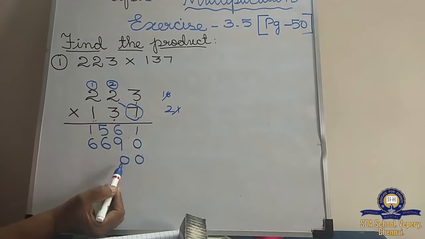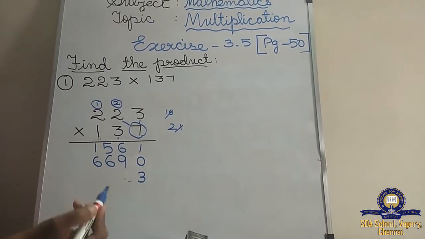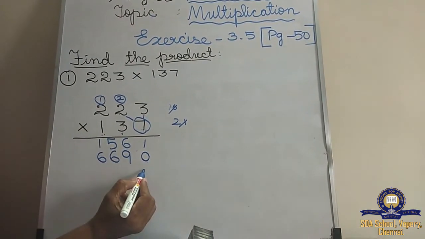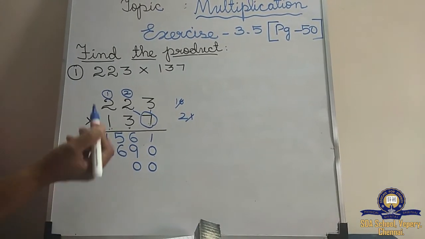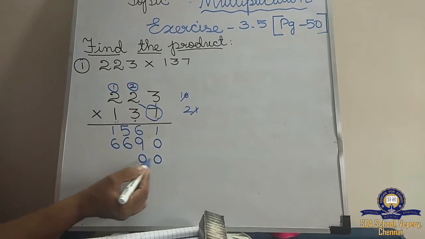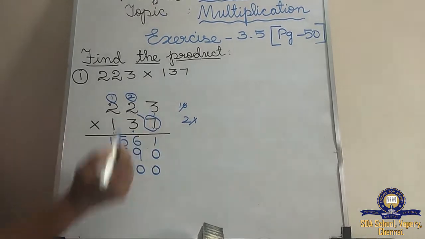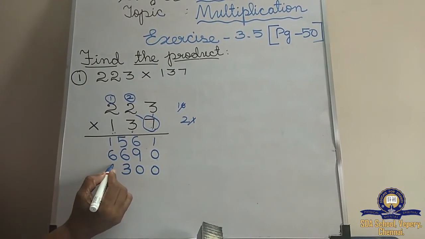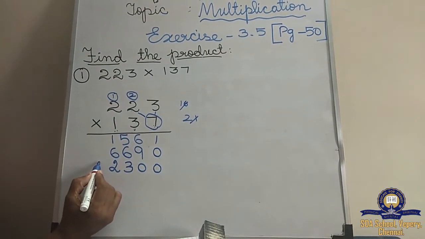If you don't put 2 zeros and write the 3 like this, the sum will be wrong. So first you have to put the zeros, then only start multiplying. Then only you won't forget. Otherwise, if you are not putting these 2 zeros, the sum will be wrong. Listen carefully. 1 threes are 3. 1 twos are 2. Easy, isn't it? One table.